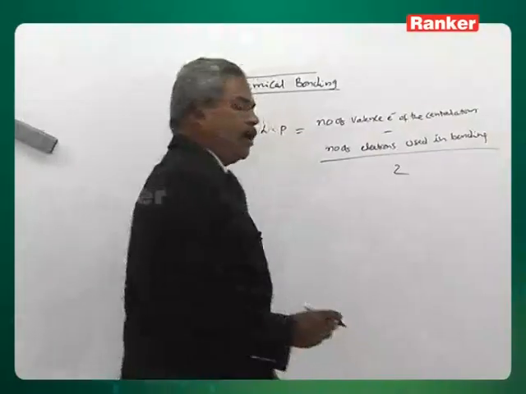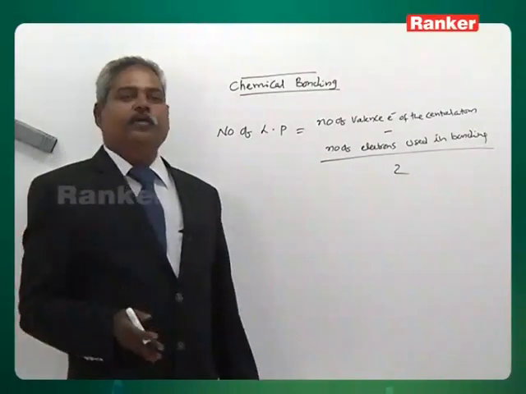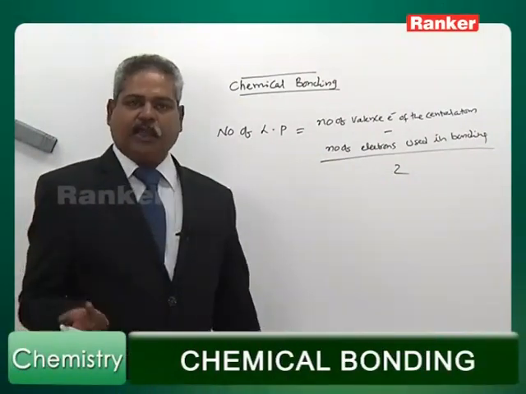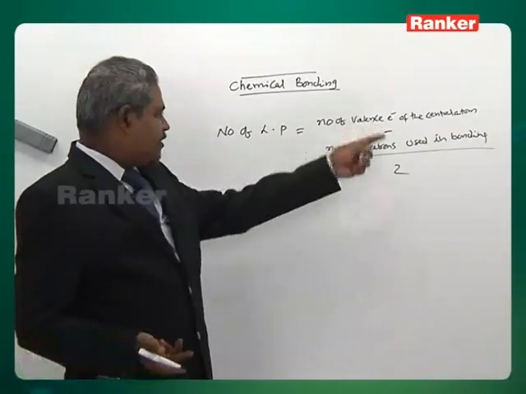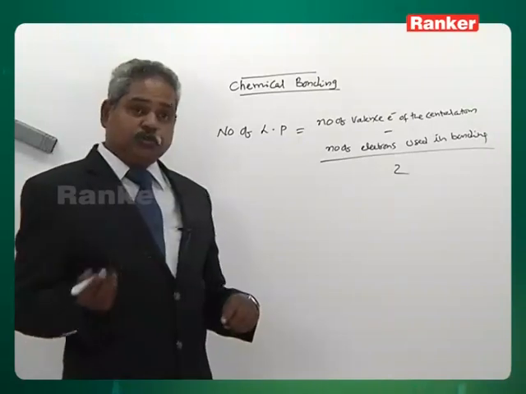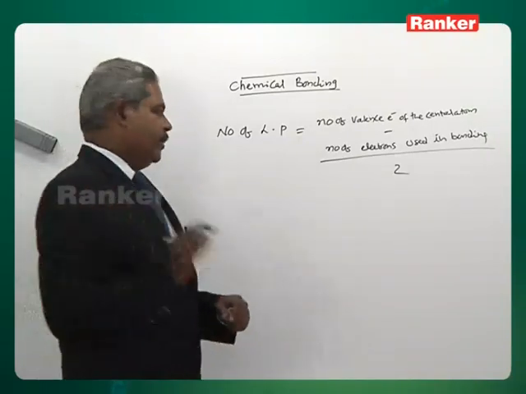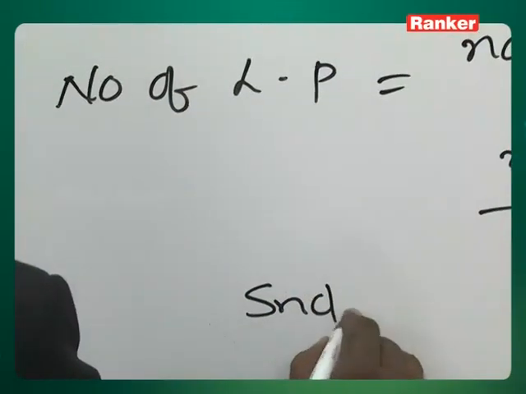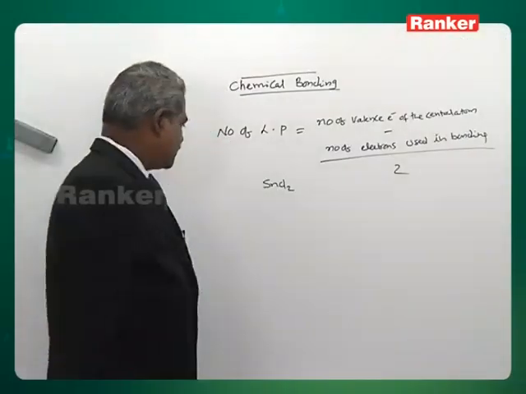It means how many you have spent, and how many pairs are remaining, as simple as that. Number of valence electrons, how many you have, and number of electrons used in bonding, how many you have used in bonding.